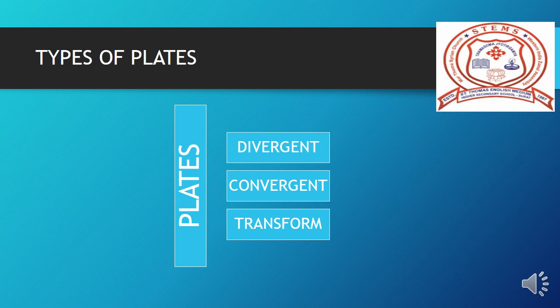One is divergent plates, the plates that move away from each other. Convergent plates, the plates that move towards each other. Transform plates, they slide against each other. These are the three types of tectonic plates.